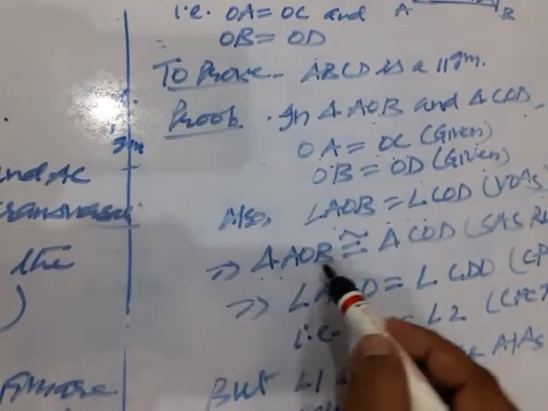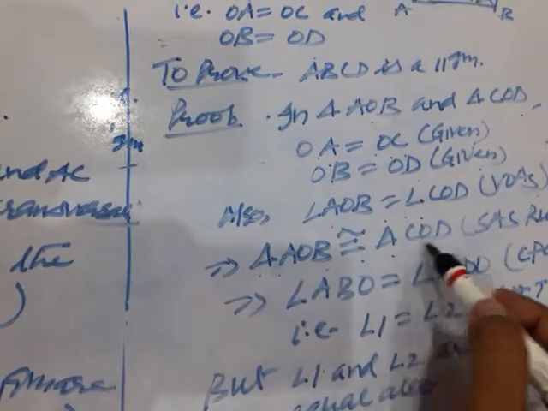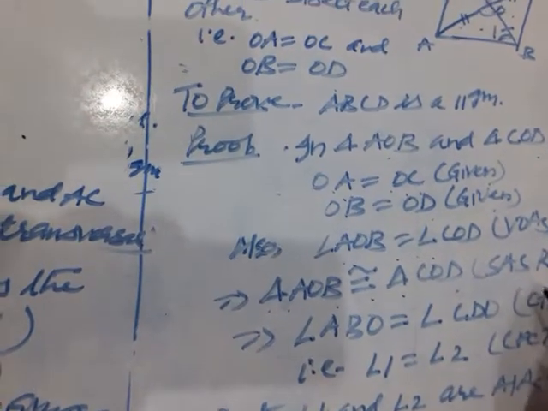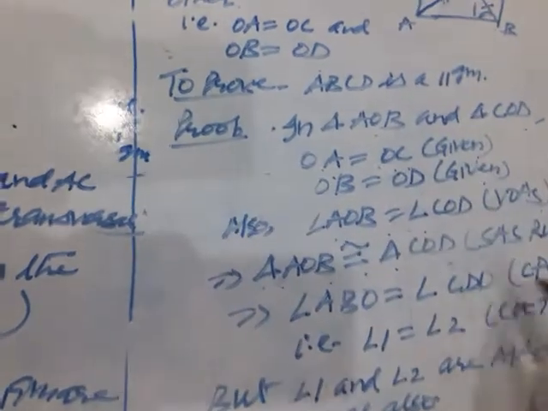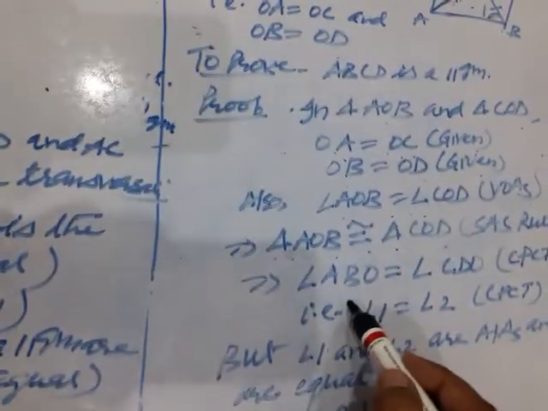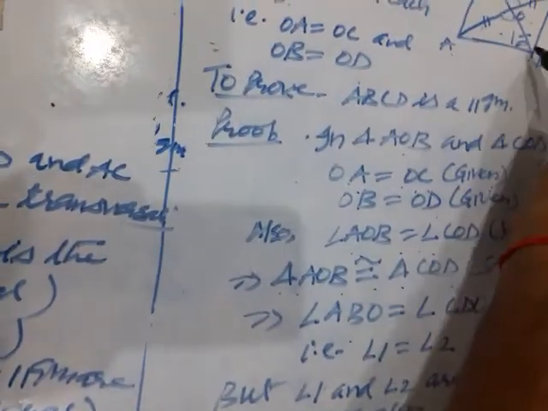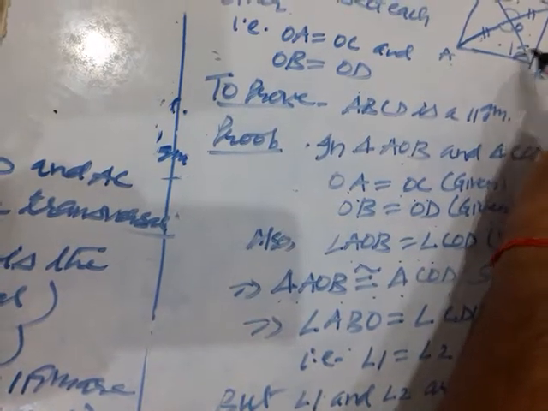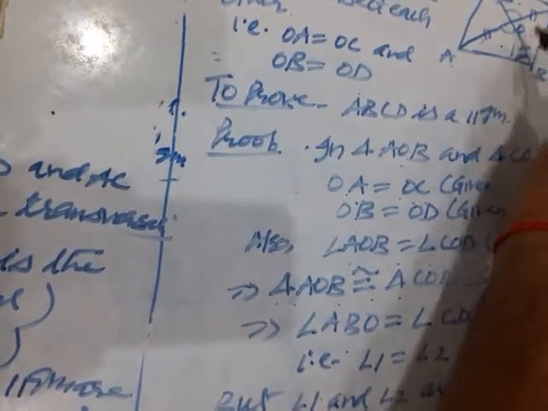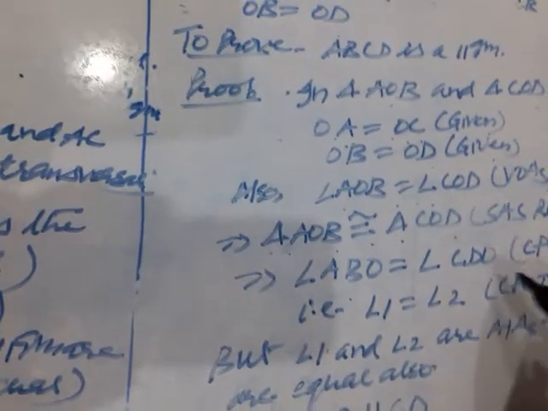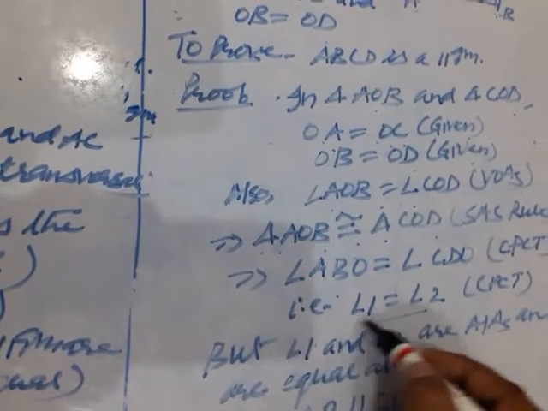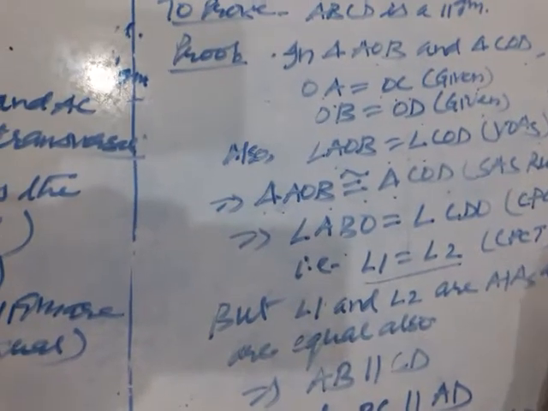This implies that triangle AOB is congruent to triangle COD by SAS rule. How SAS rule? Side, angle, side, that is this. This implies that angle ABO, this angle I am talking about, children, is equal to angle CDO by CPCT. Namely, we can say angle 1 is equal to angle 2, by CPCT.